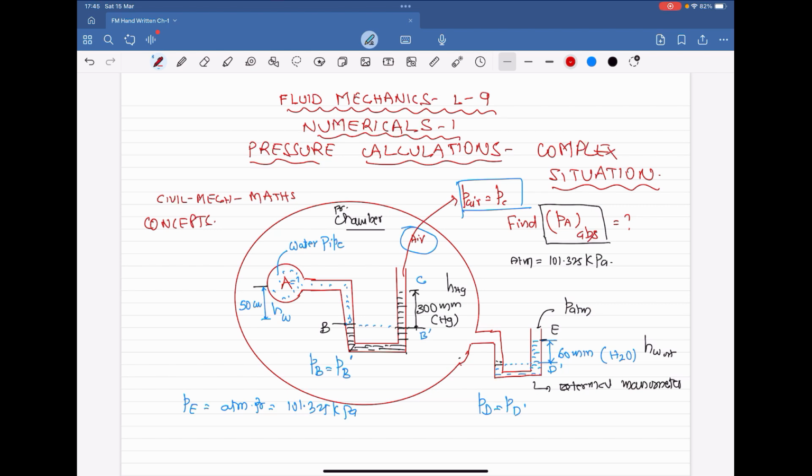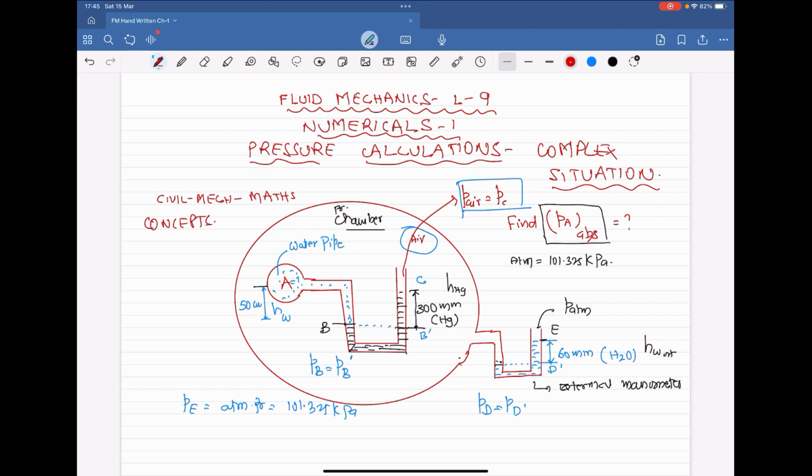Typical MCQs I have solved and explained about pressure, types of pressures, forces, and then velocities, types of velocities, and how to calculate the velocity.